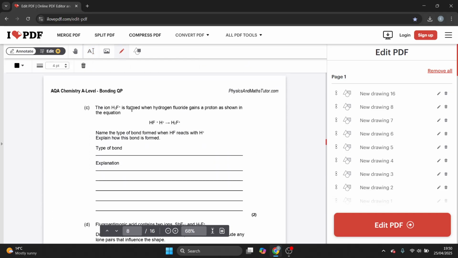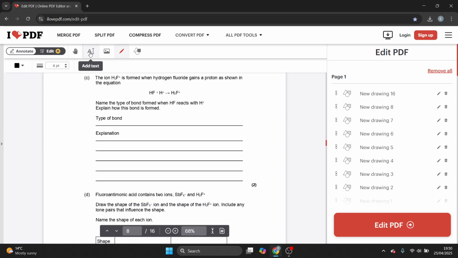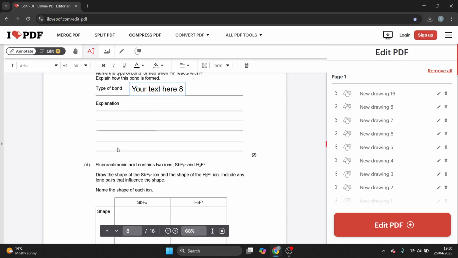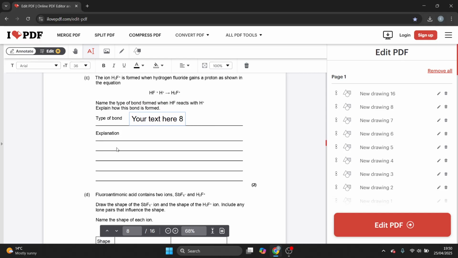Name the type of bond formed when HF reacts with H+. Well, it's dative covalent bond.